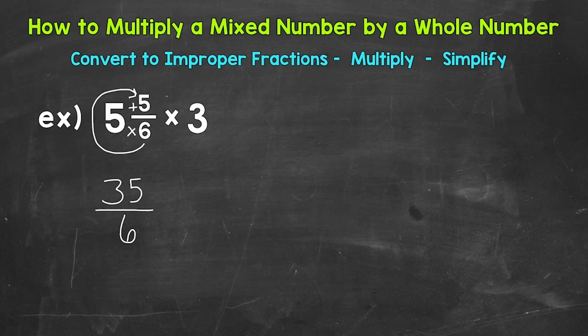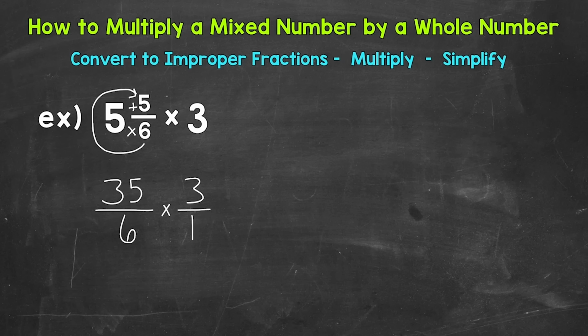Now that improper fraction is equivalent to the mixed number. We just converted it to an improper fraction. So we're not changing the value of the problem at all. Now we need to write our 3 as a fraction. So put it into fractional form. And all we need to do to put a whole number in fractional form is put it over 1.